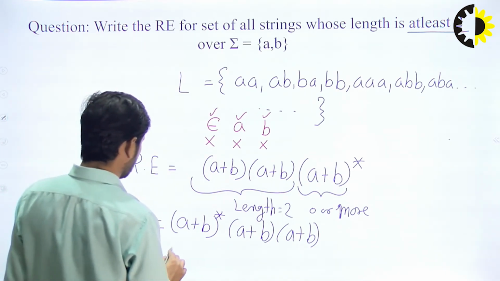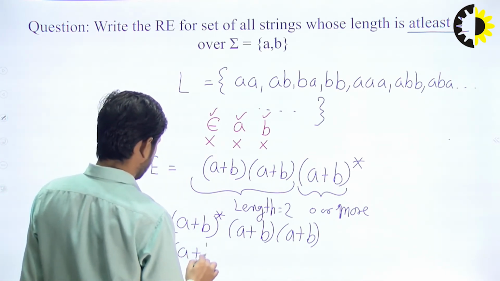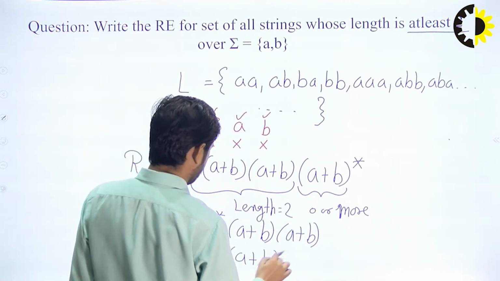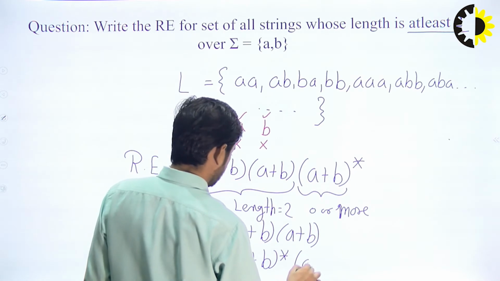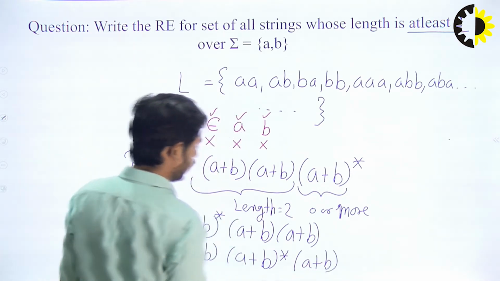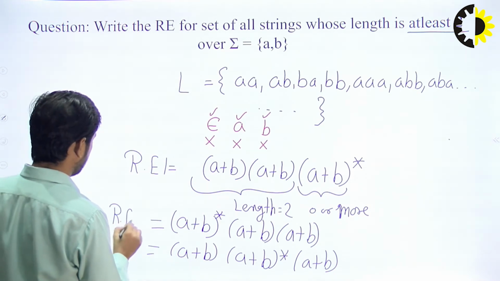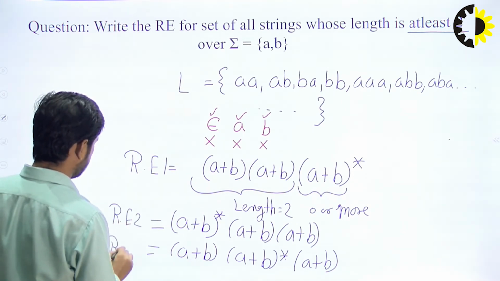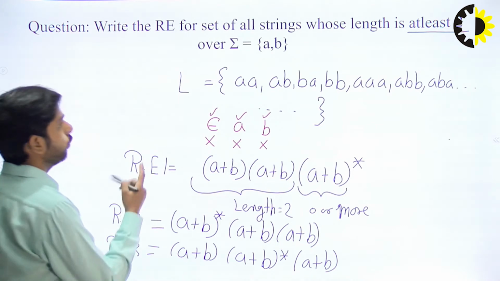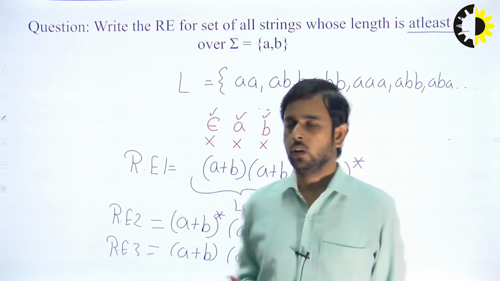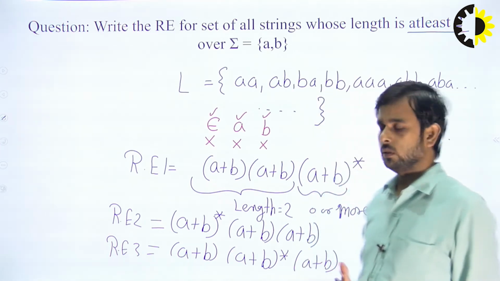Similarly, I can write (A+B)(A+B)*(A+B). So this is regular expression 1, this is regular expression 2, this is regular expression 3 for the same language. There can be more than one regular expression for one language.